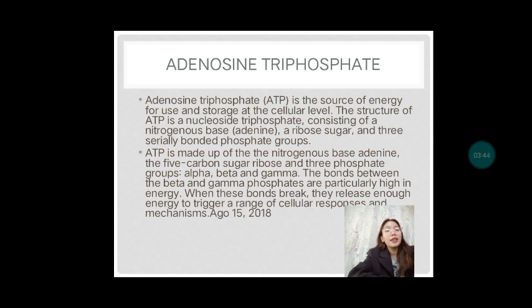The structure of ATP is a nucleoside triphosphate consisting of a nitrogenous base, adenine, a ribose sugar, and three phosphate groups. Adenosine triphosphate, also known as ATP, is a molecule that carries energy within cells. It is the energy currency of the cells.